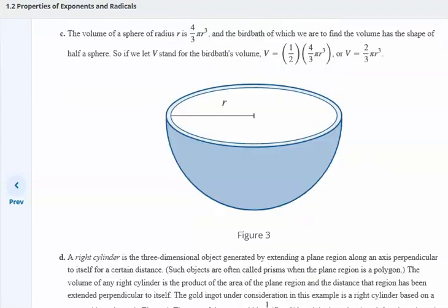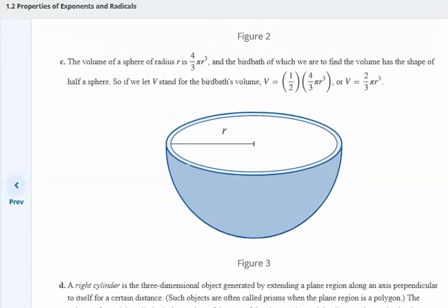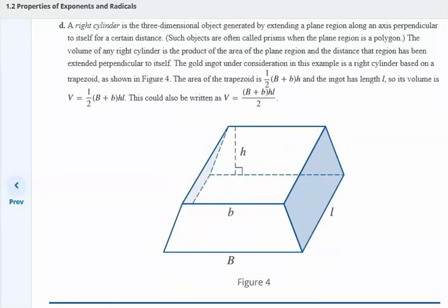And then the last one is the volume of a sphere, which eventually becomes this, and they're showing you the details. And there's one more. So there it is right there. Let's see if we bring it up. Okay. This is sort of a trapezoid in a solid form.